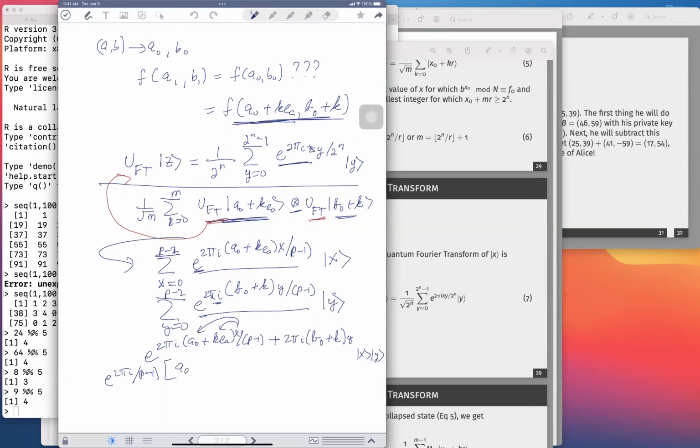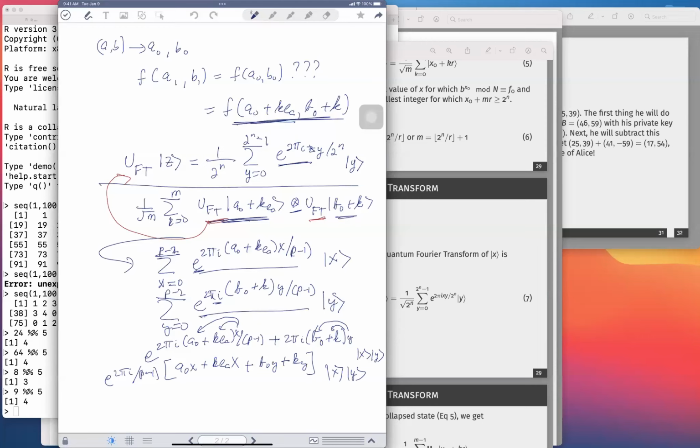So this becomes a0x plus k e_a x, plus distribute the y here, so b0y plus ky, and then xy.